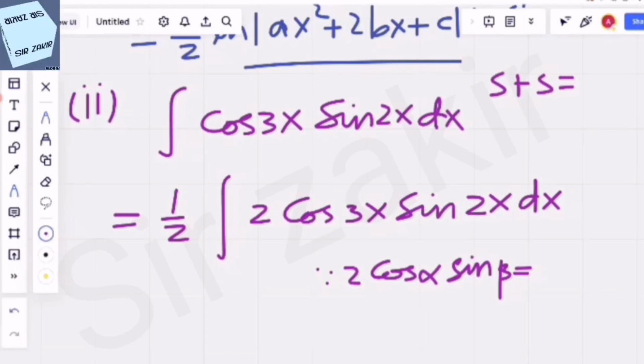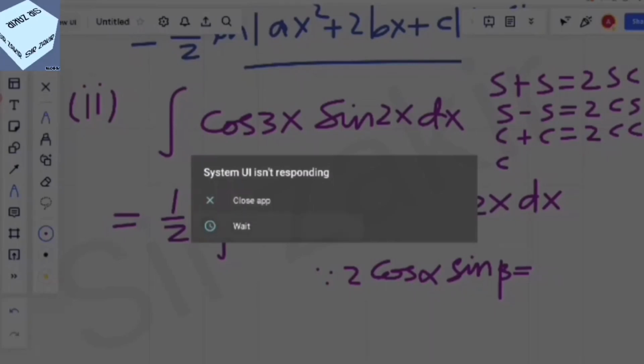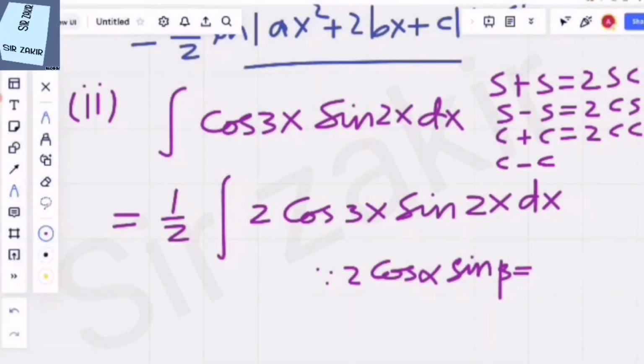The formulas are: sine plus sine is 2 sine cos. Sine minus sine is 2 cos sine. Cos plus cos is 2 cos cos. Cos minus cos is minus 2 sine sine. So if you see the product which is on the right hand side, what does it match with? 2 cos sine. So corresponding to it we write sine minus sine.